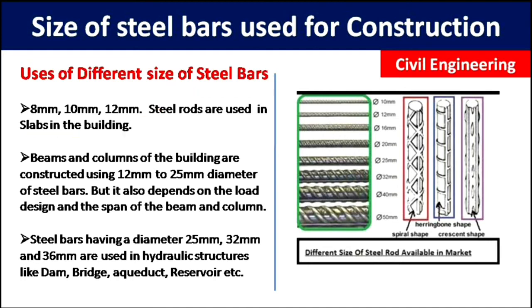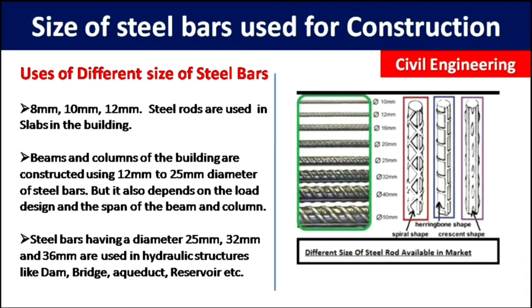We can use these types of steel rod in the slab. It is not necessary to use this size of steel bar, but generally we use this size of steel bars in the slab. We should prefer the design to use this size of steel bars.